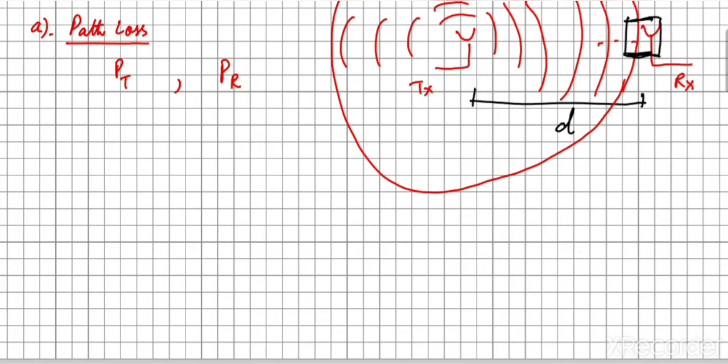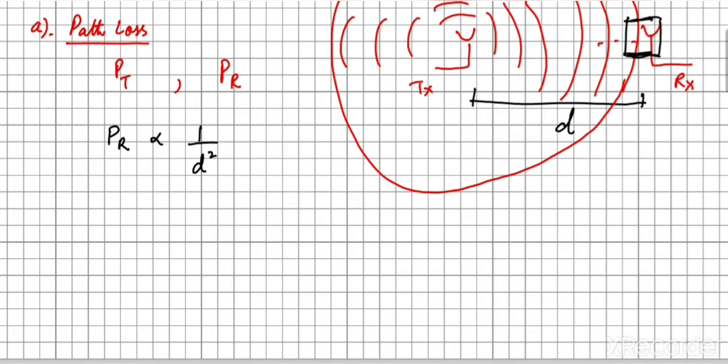If d is the distance between the transmitter and receiver, the amount of power that we are going to receive at the receive antenna is proportional to 1 by d square. This has to do with the surface area of the sphere, which is 4 pi d square.